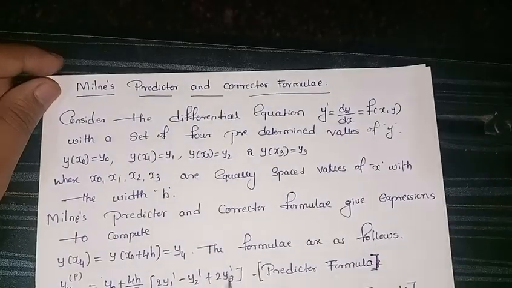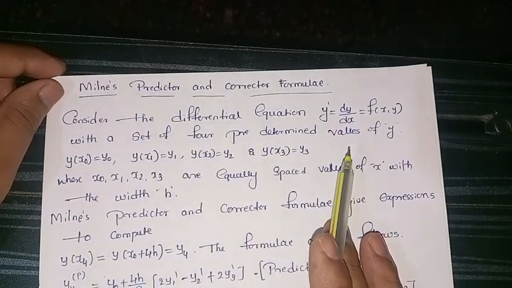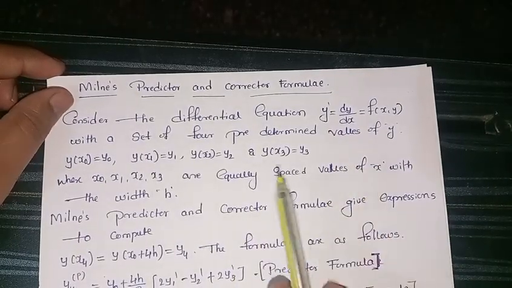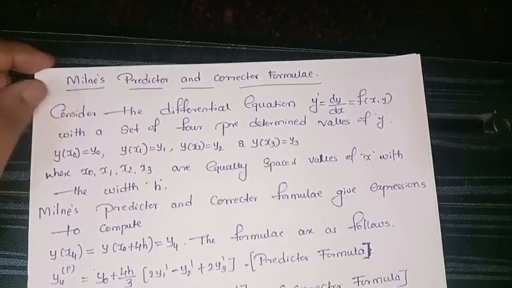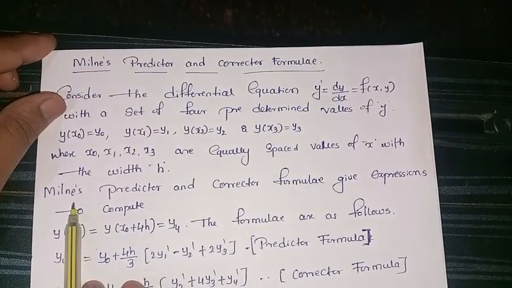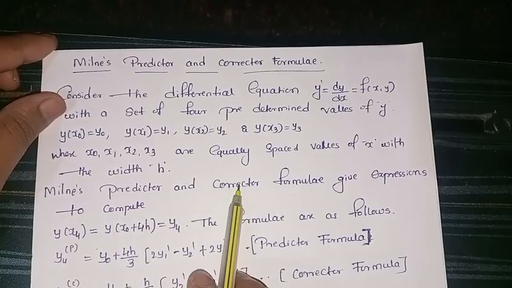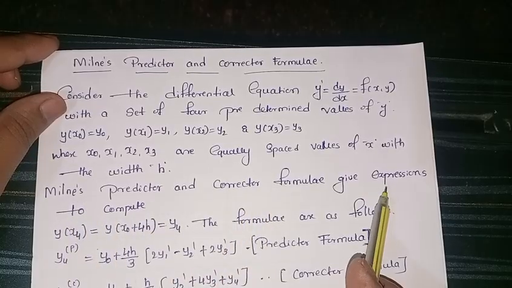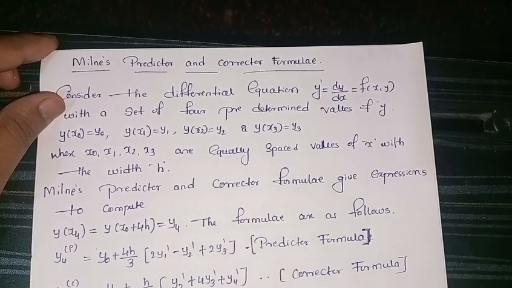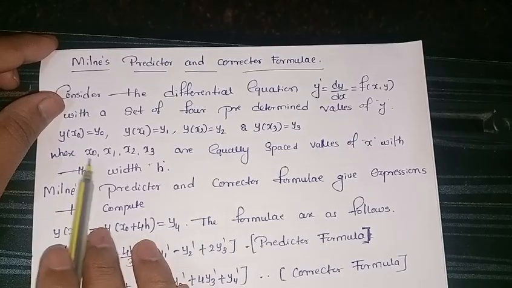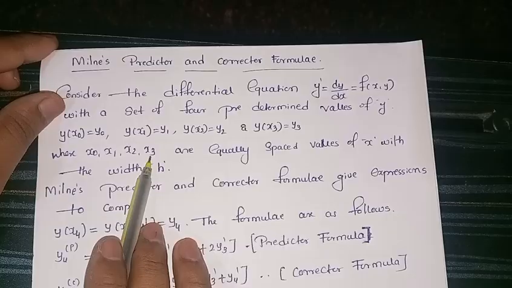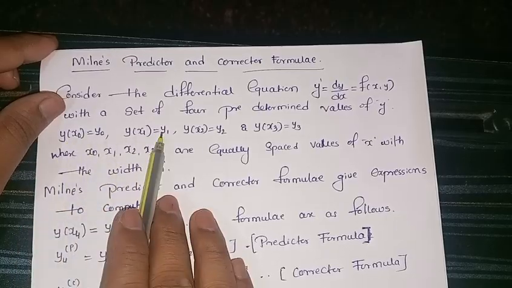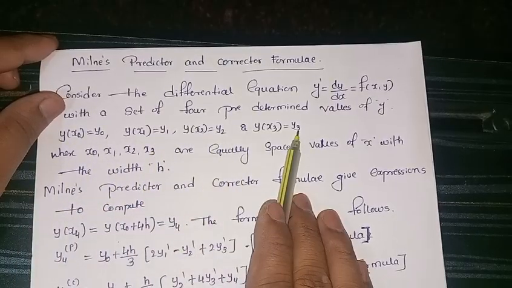Now, to apply Milne's Predictor Corrector method, we must have equally spaced values. Then the Milne's Predictor Corrector formula gives an expression to compute the next value. Here x0, x1, x2, x3 are there, with corresponding y0, y1, y2, y3.